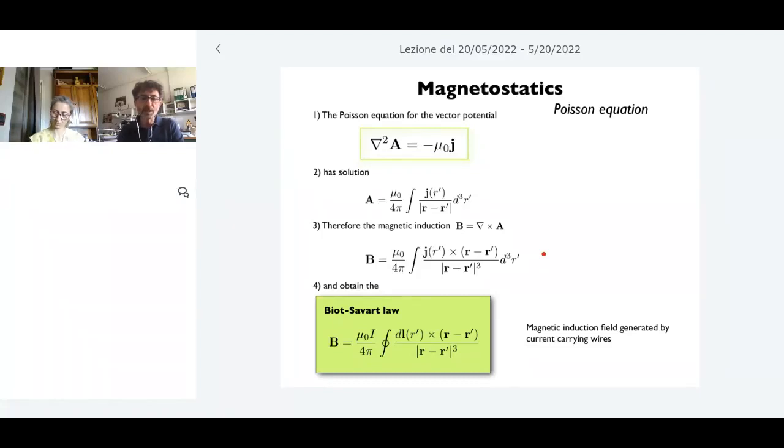This is the magnetic induction field generated by the current I flowing through a wire. Well-known Biot-Savart law, magnetic induction field generated by current-carrying wires. So we arrive at something that we learn in Physics 2 books. Okay, this is very nice.